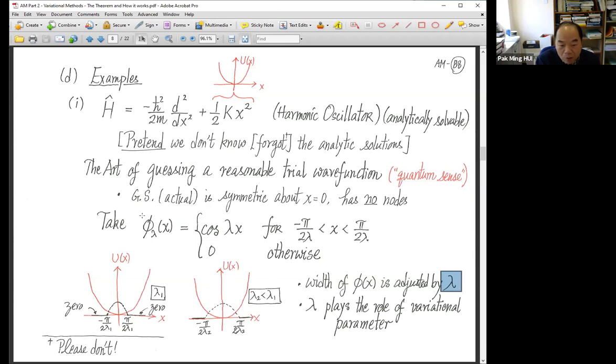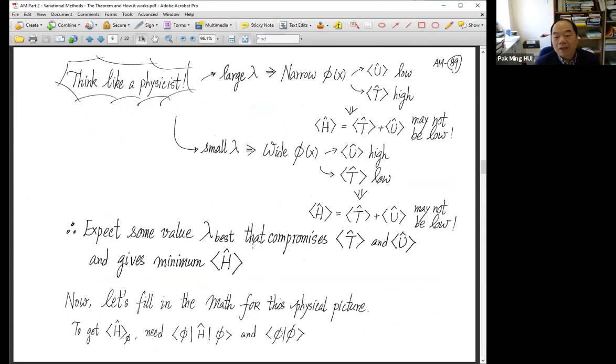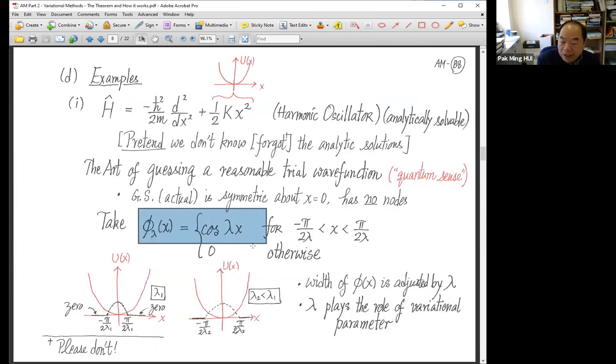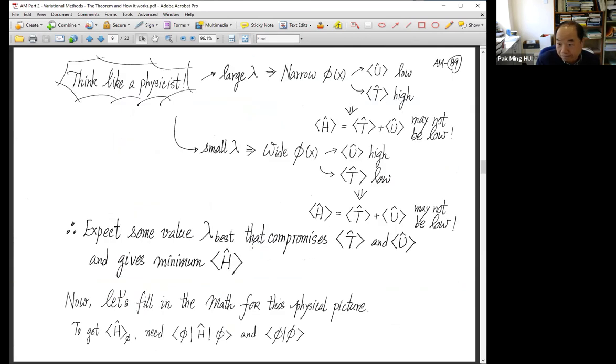With this form, all we need to do is to calculate this, use this form, calculate the expectation value of H, and divide it by the normalization. Okay? So before doing that, let's think about it like a physicist. If I use a large lambda, that is to say very narrow, okay?